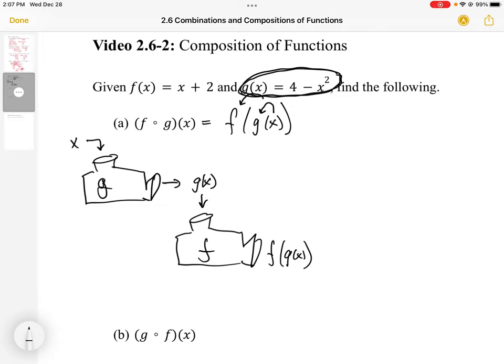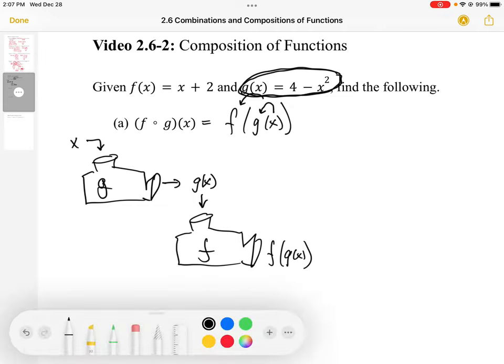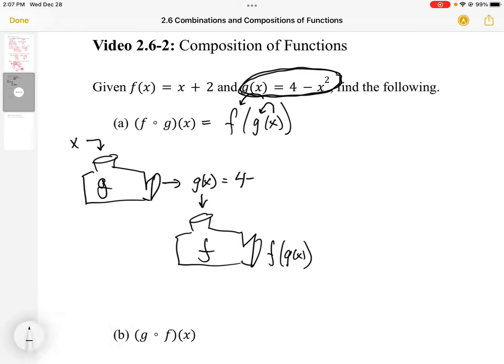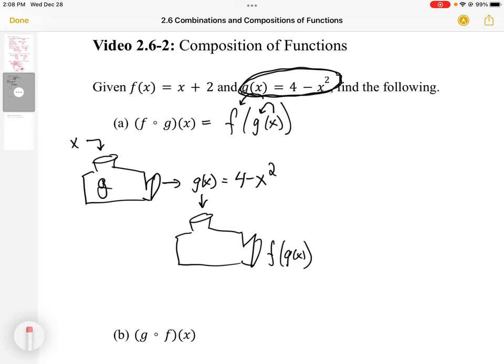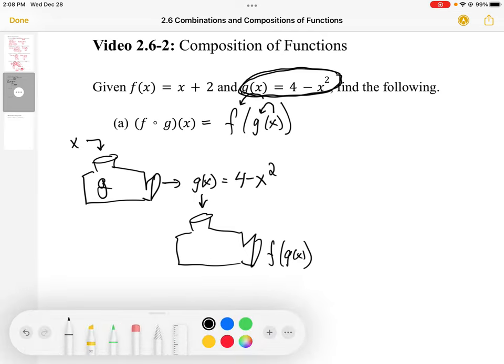So x is being inputted into g, and out comes g of x, which is equal to 4 minus x squared. And then 4 minus x squared is being inputted into f. And f, let's remember, is the function x plus 2.